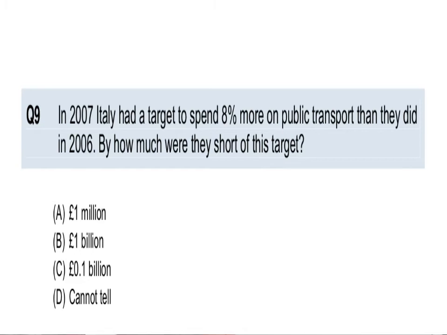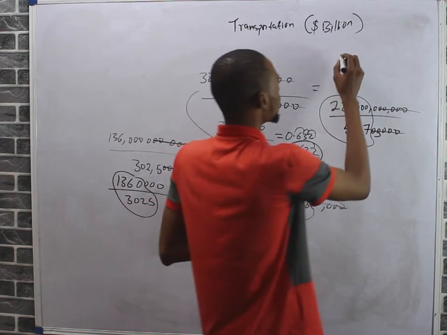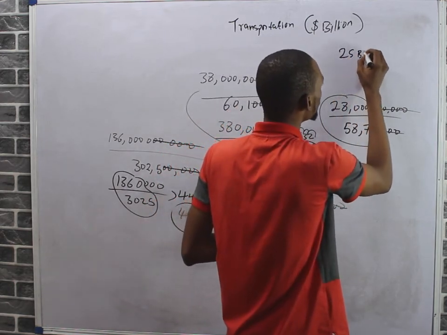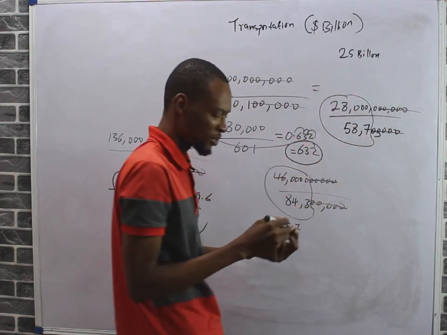It says, in 2007, Italy had a target to spend 8% more on transport than they did. So by how much were they short of this target? In 2006, Italy spends 25 billion on transport.